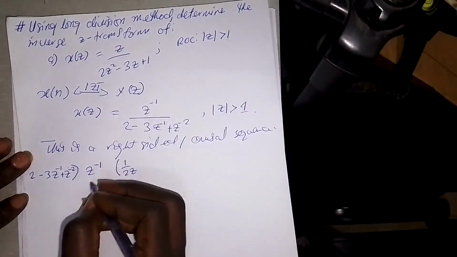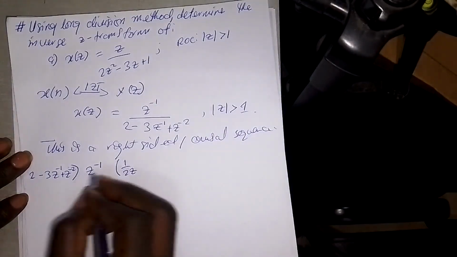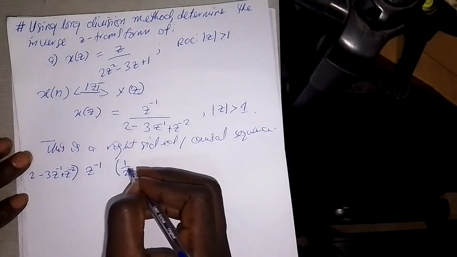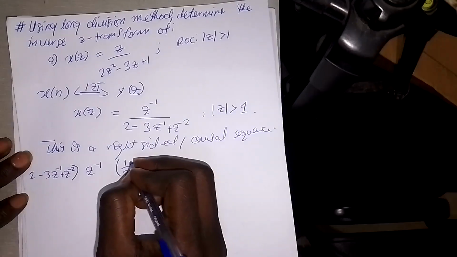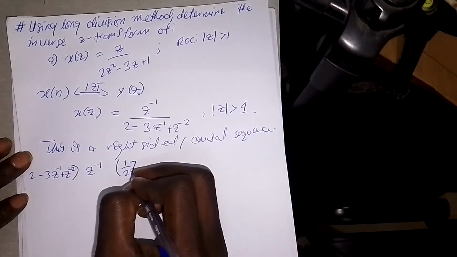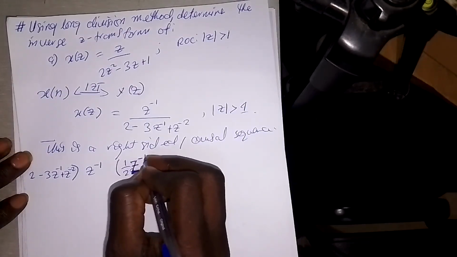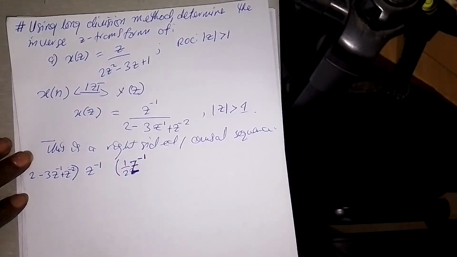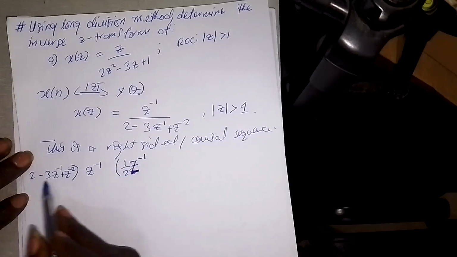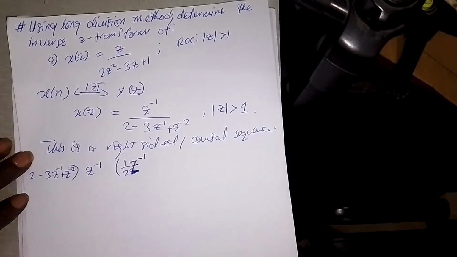I think it's better for me to write it this way, with z exponent minus 1. So now if I multiply this by this, what do I get? Half times 2 is 1.